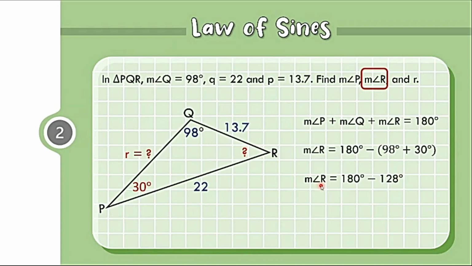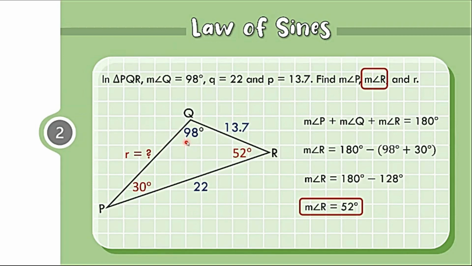The measure of angle R is equal to 180 degrees minus 128 degrees. Subtract the two, then the measure of angle R is equal to 52 degrees. We have already completed the measures of the angles of this oblique triangle.